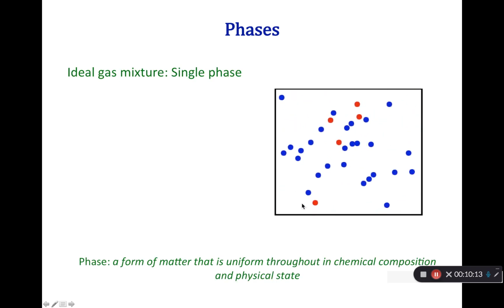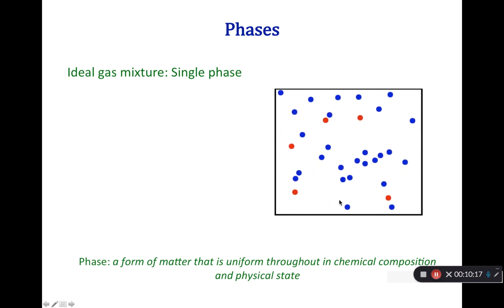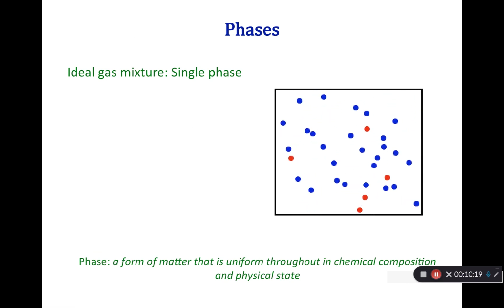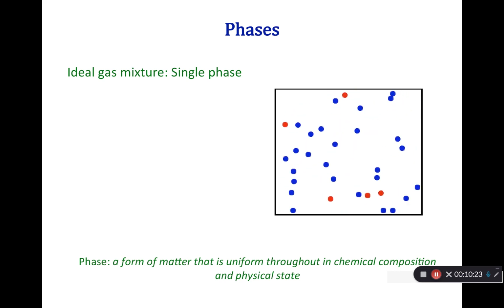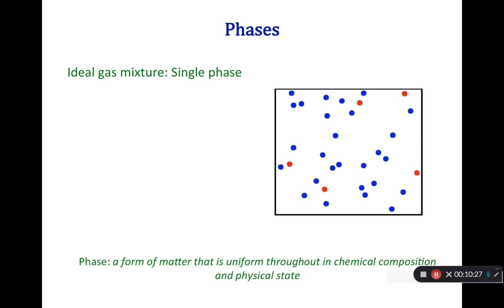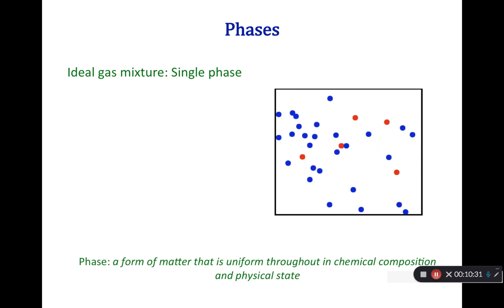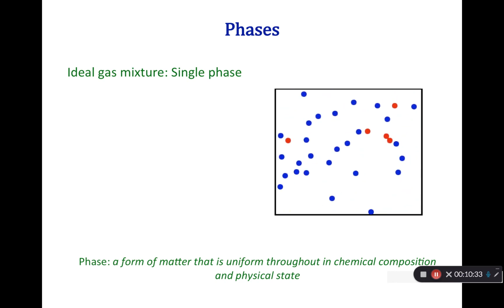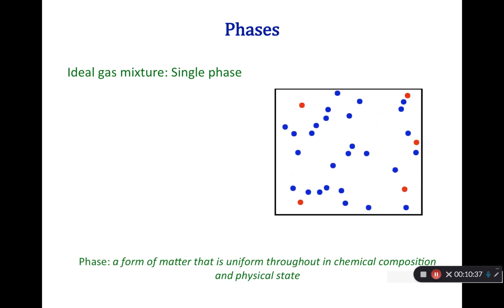Here, this animation shows an ideal gas mixture, with two types of ideal gases colliding against each other. This is a single phase because on average the chemical composition is the same throughout. For example, this might contain 10% red and 90% blue.